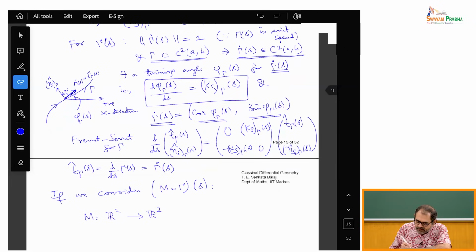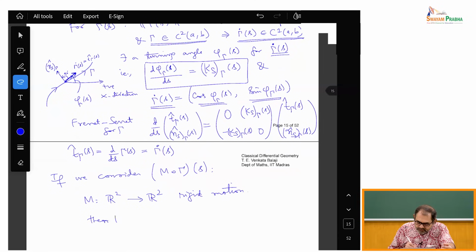You see, this M from R2 to R2 is a rigid motion. We already know that we have done this for general Rn, that whenever you have a rigid motion, you can write it as a linear isometry followed by a translation in a unique way. So that also applies here.